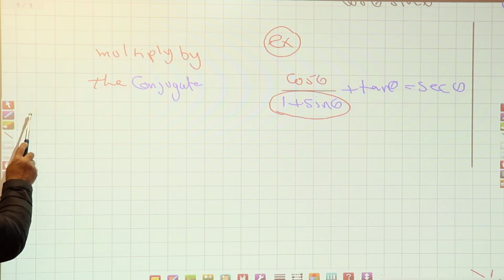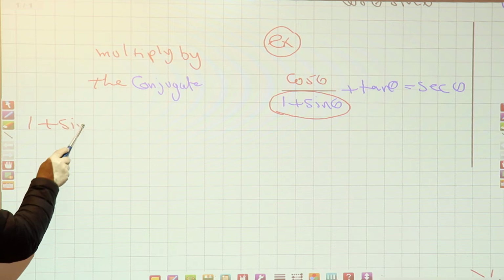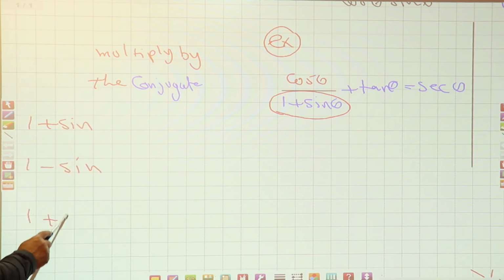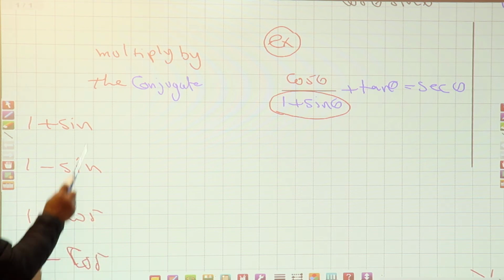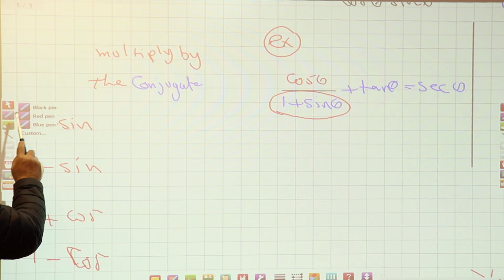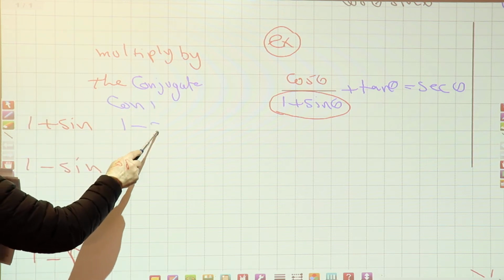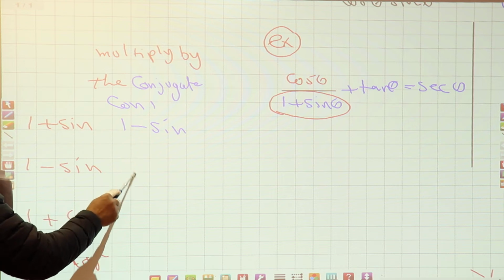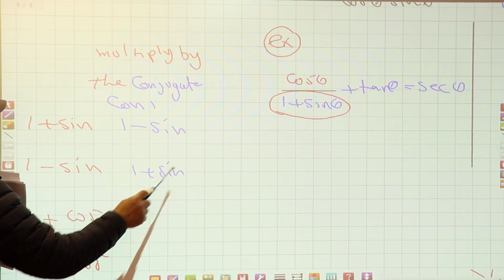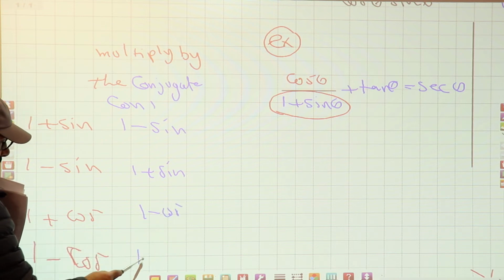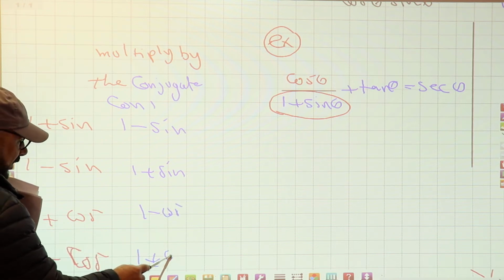Look here. 1 plus sine, 1 minus sine, 1 plus cosine, 1 minus cosine. What is my conjugate? In the blue: 1 minus sine, 1 plus sine, 1 minus cosine, 1 plus cosine. What's funny with this?